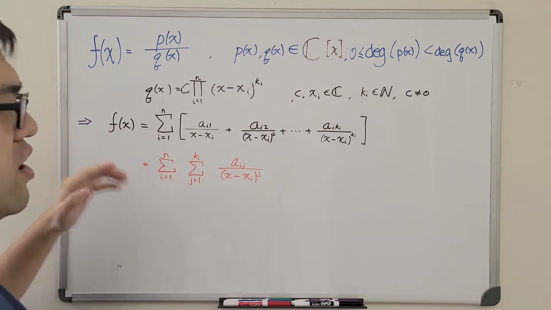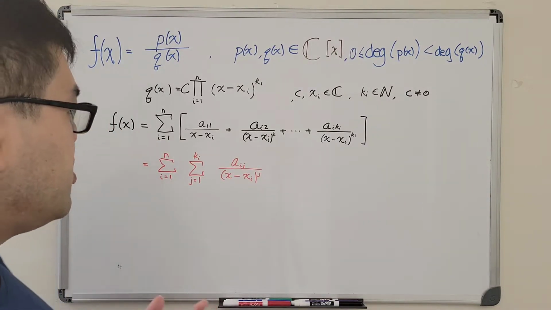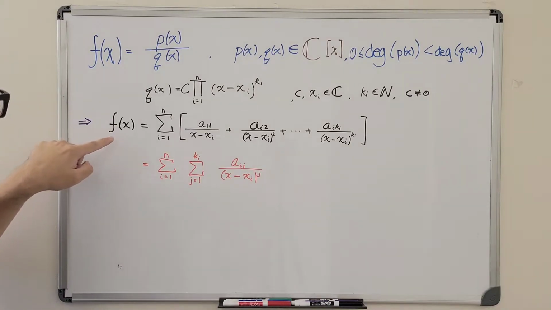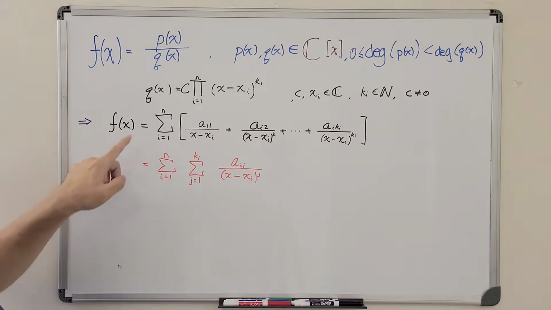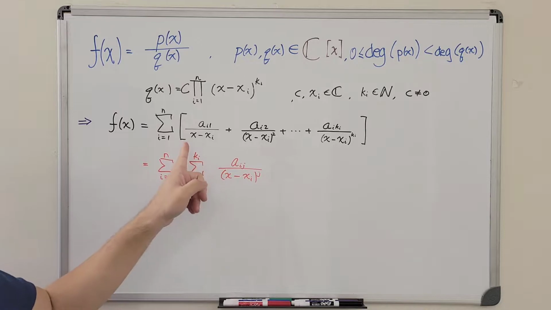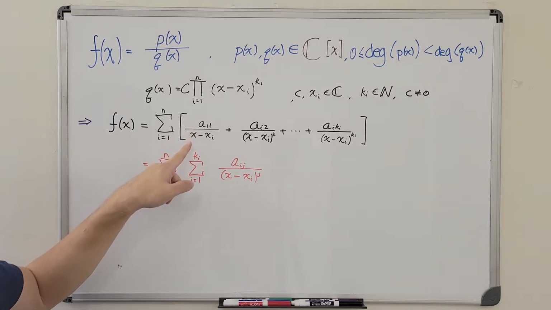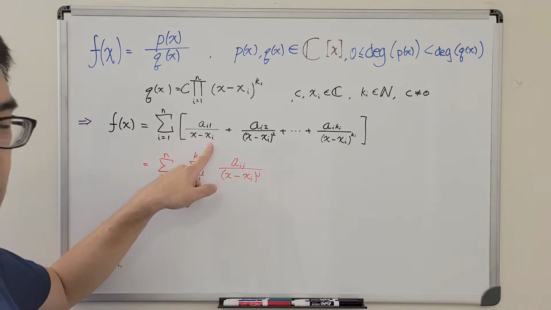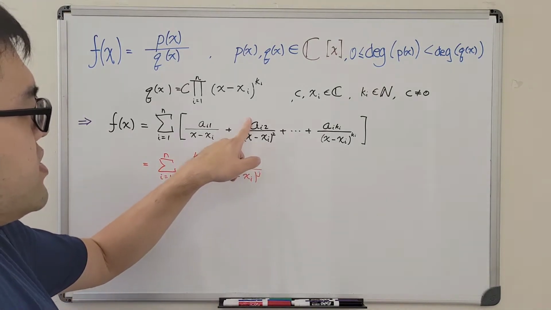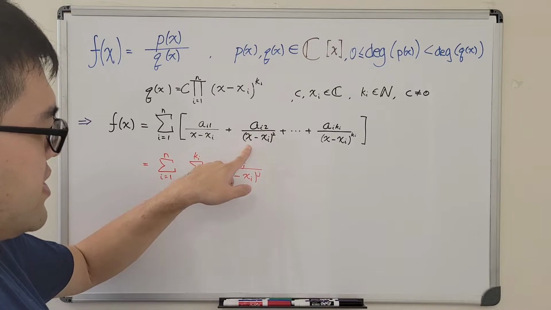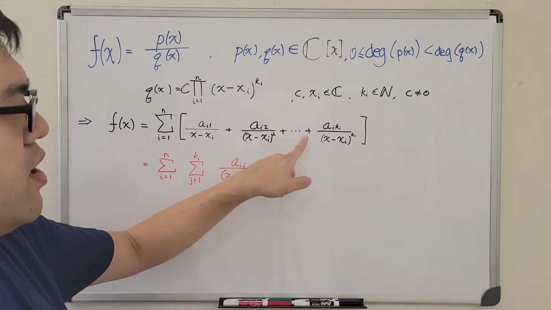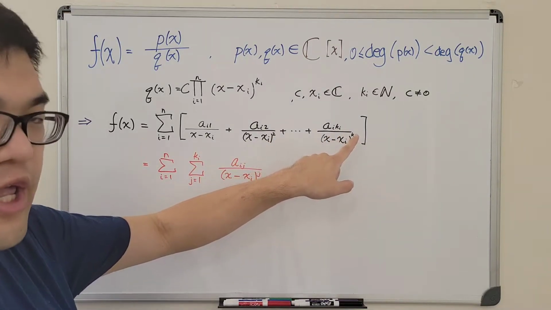By the idea of partial fraction decomposition, the fraction is written as the sum of some number over x minus x_i, plus some number over x minus x_i to the second power, all the way up to the highest power k_i.